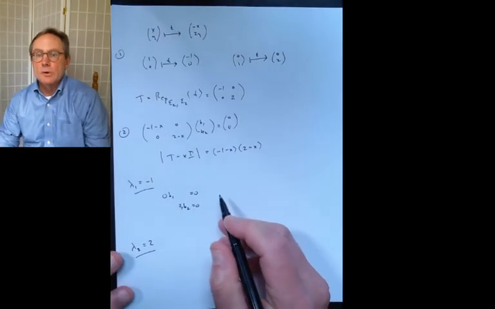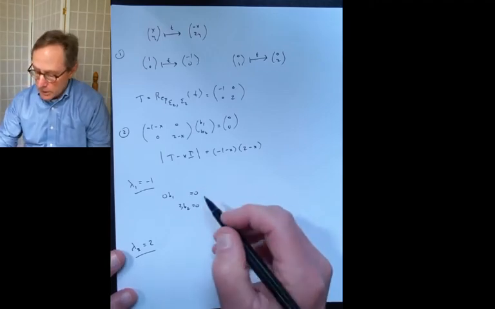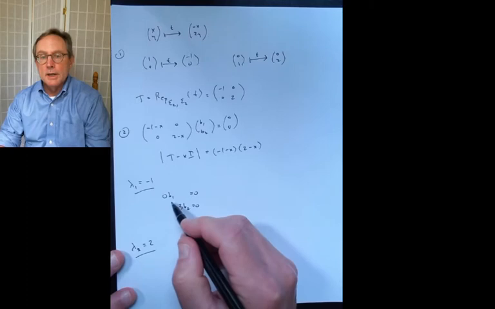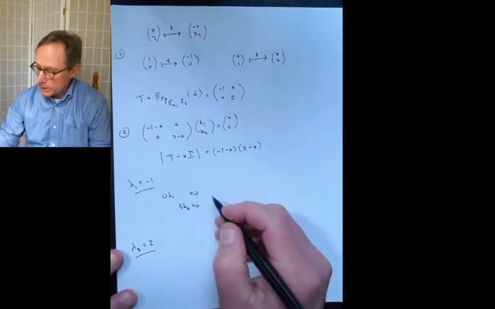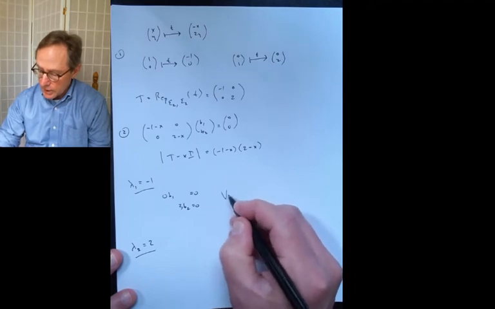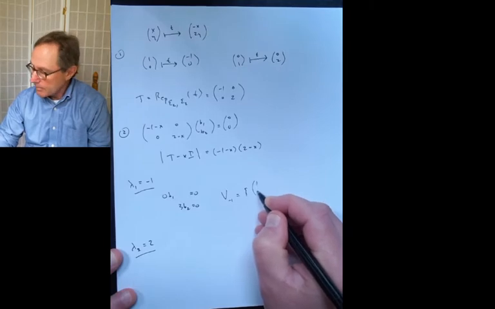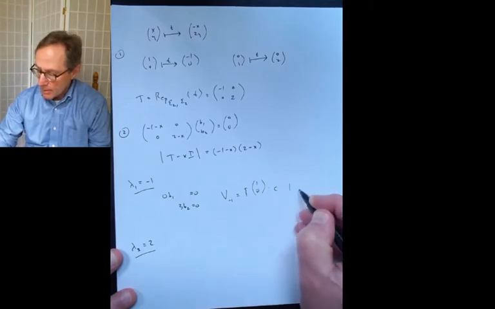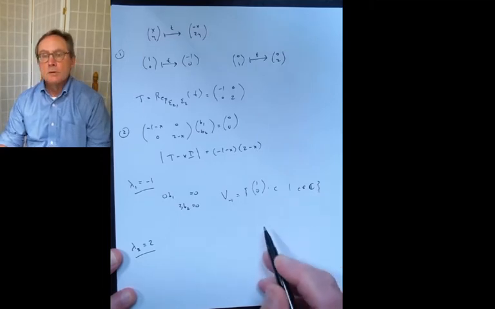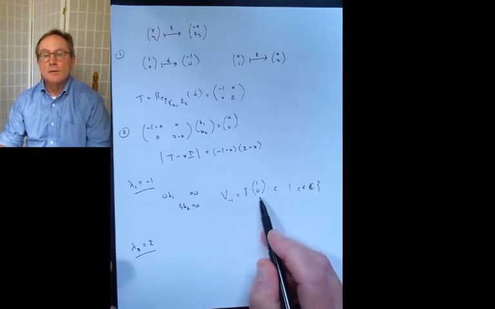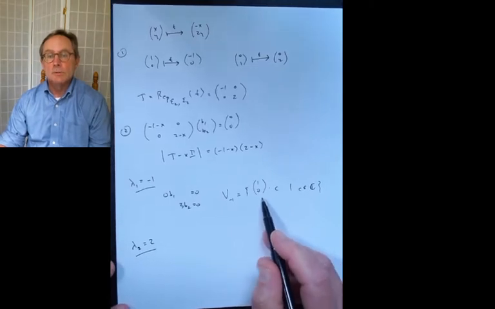And you get here that b2 is 0 and b1 is free, and so we get that the associated solutions look like this. So it's all the multiples of the standard basis vector E1. Complex multiples, but anyway, multiples.